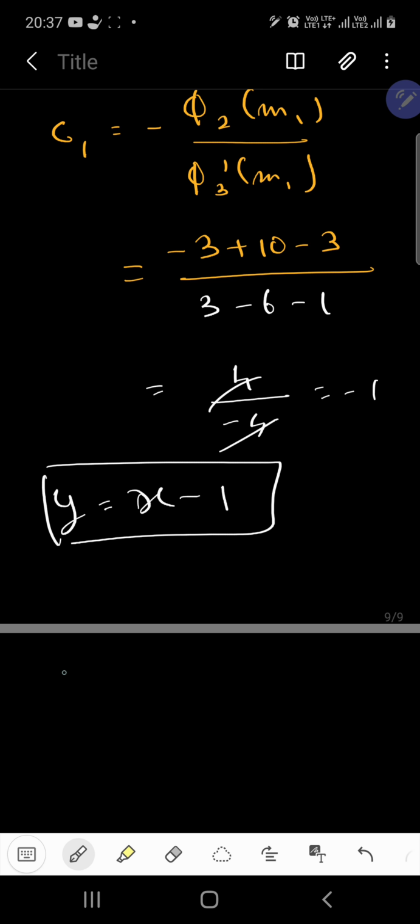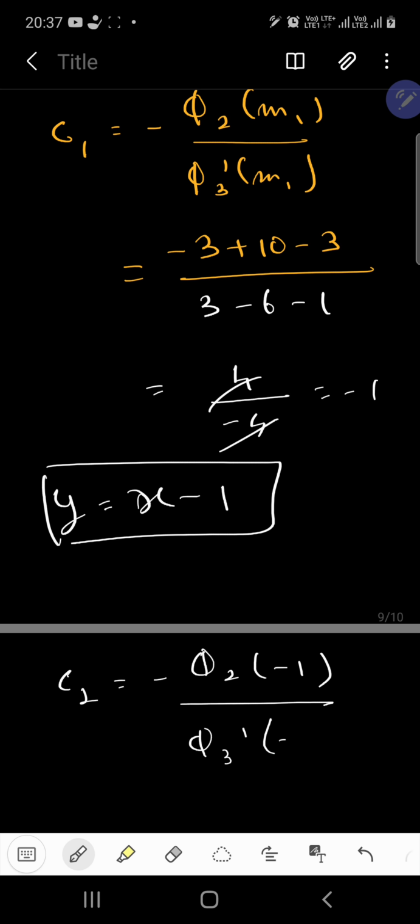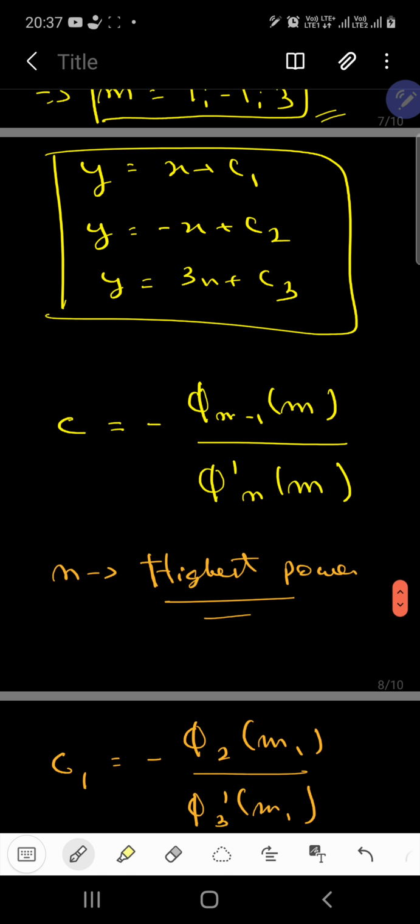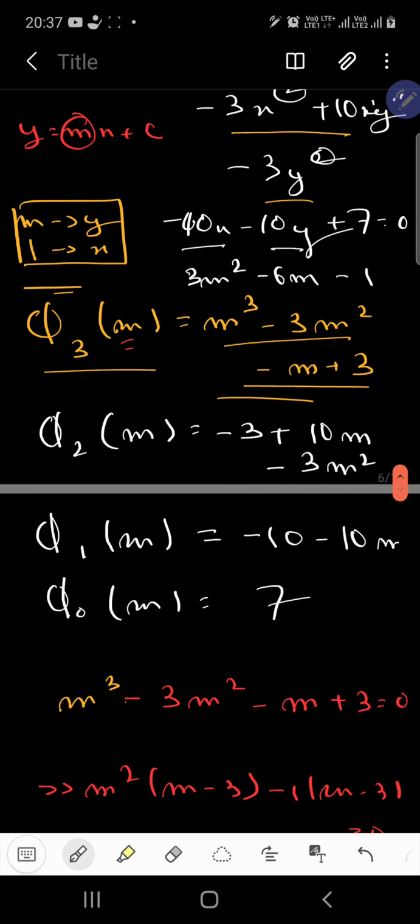Similarly, you will get your c2 as minus phi 2 minus 1 over phi 3 dash minus 1. So what will be your phi 2 minus 1? This was your phi 2, right?